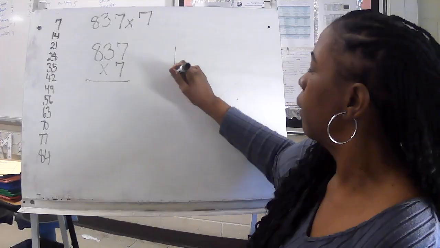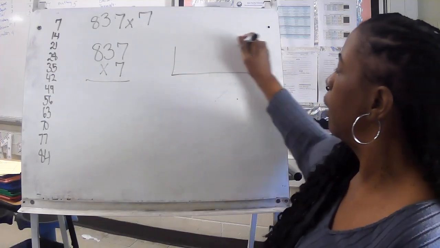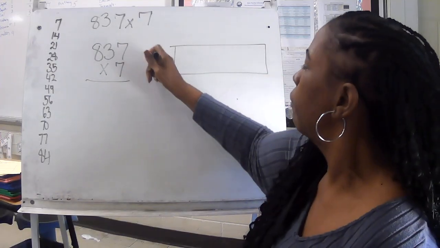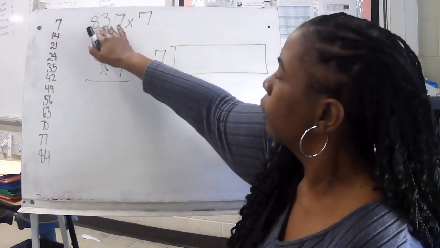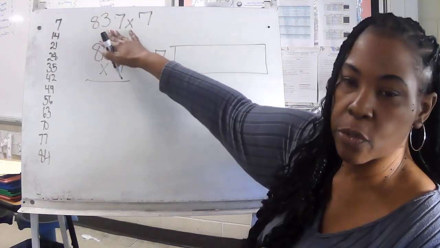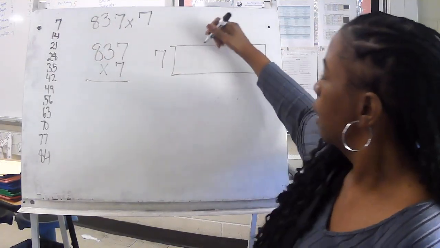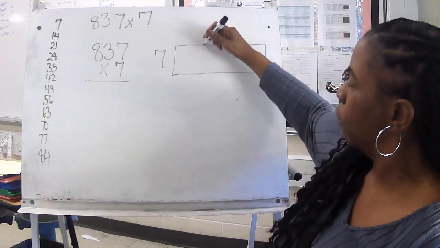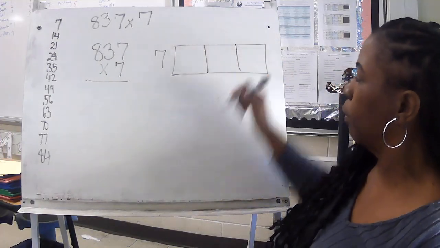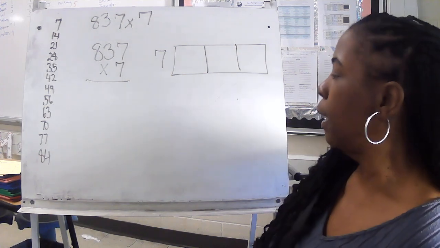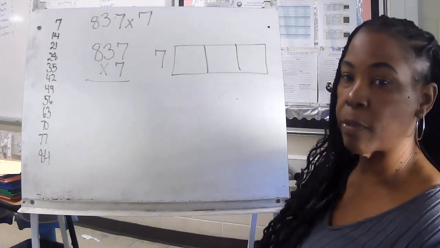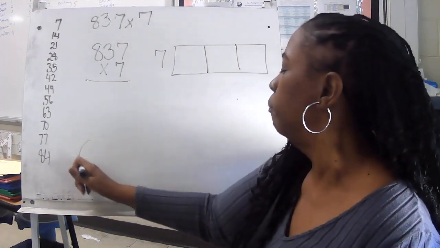Now we're going to do area, so I'm going to move over here and do my area box. We have 7, and we have 837, and that's 3 digits, so we're going to do 3 boxes. So it's 1 box, I'm going to do 2 lines, and that'll give me my 3 boxes. Okay? And then we also have distributive property, which is very important for us to see.